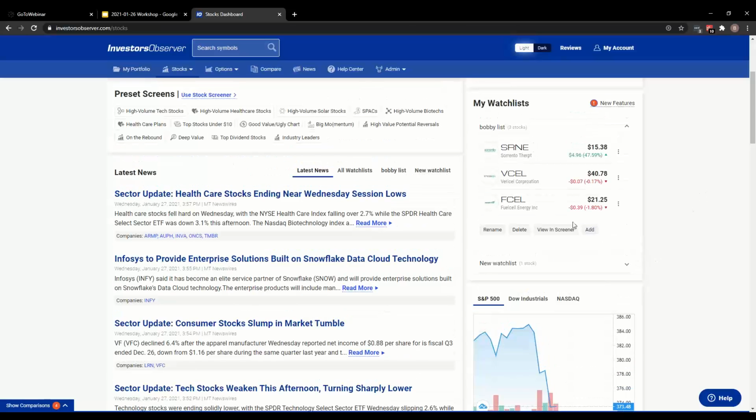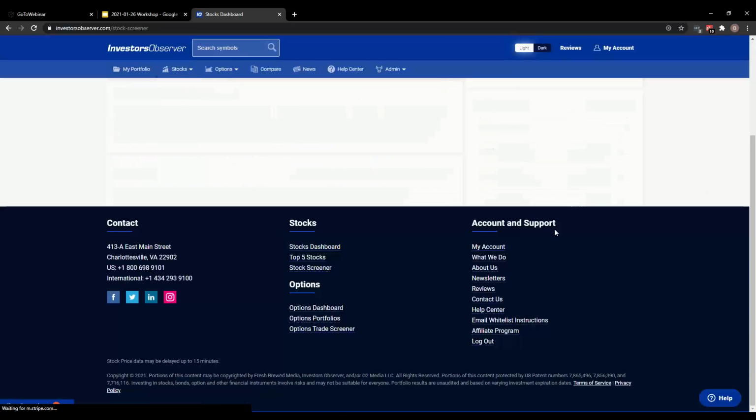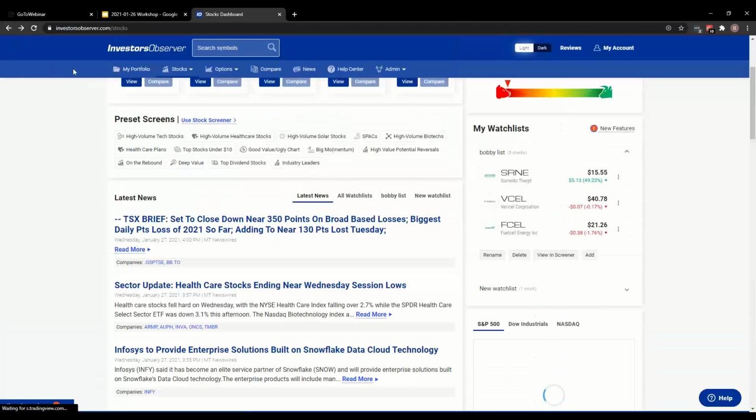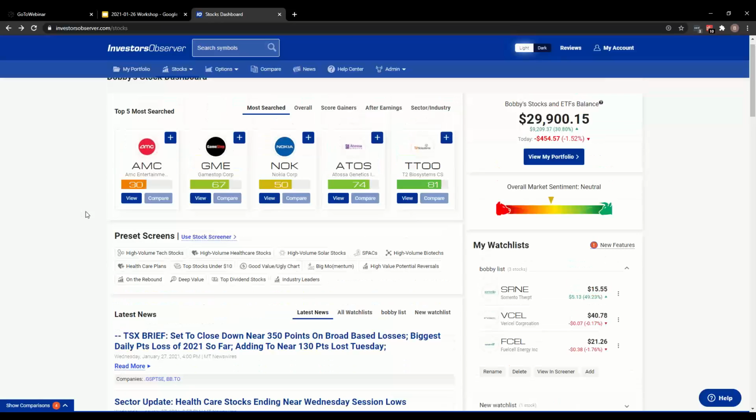You can also, and this is a big thing a lot of people requested because a lot of people have big watch lists, hit that button to see your watch list in the screener. And if you go straight to the screener page, you can also do this to get your watch list to come up in the screener. Those are features that we added because people were asking for them.